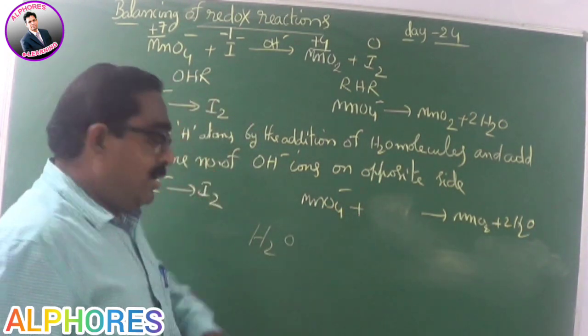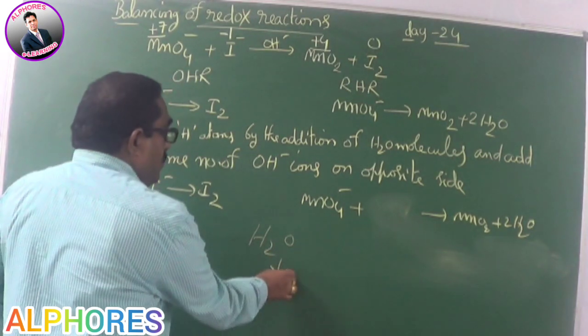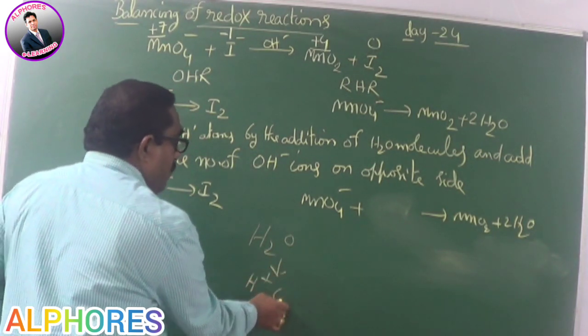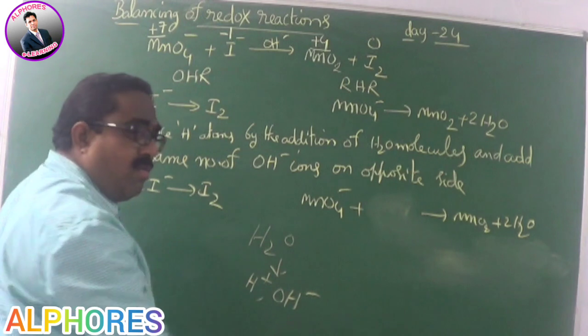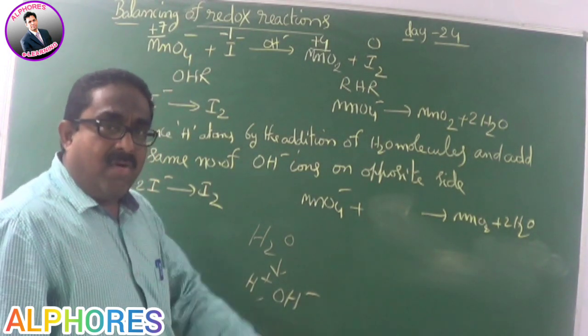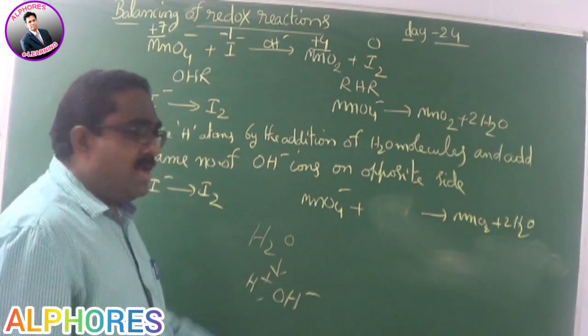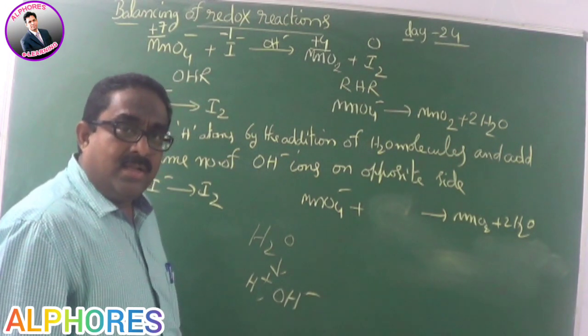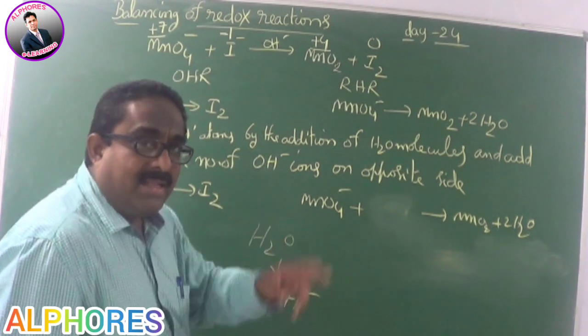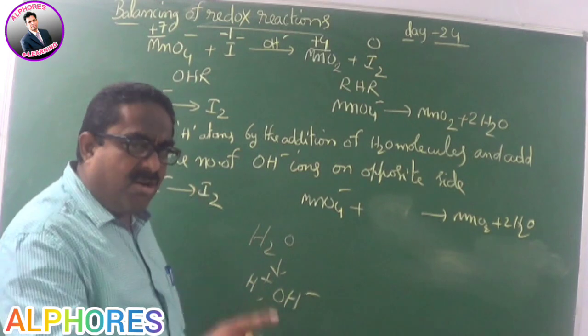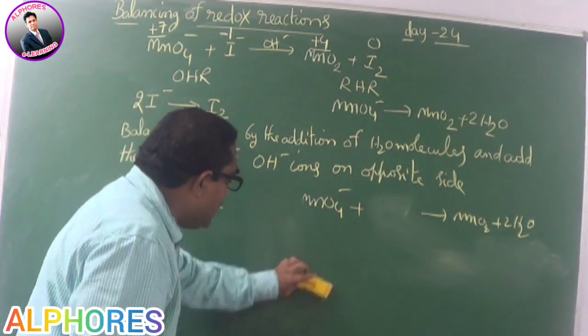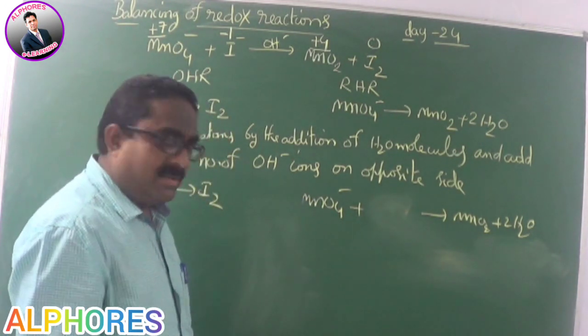We will get it wrong, because any H2O ionization gives 1 H plus ion and 1 hydroxyl ion. You never get 2 H plus ions from the normal ionization of water. So don't think like that. Here blindly follow the rules. You will get wrong answers.